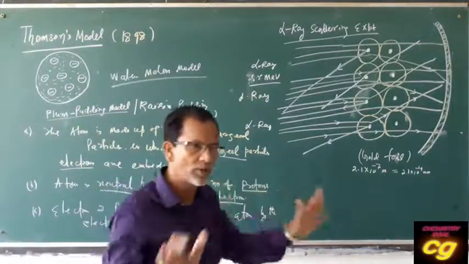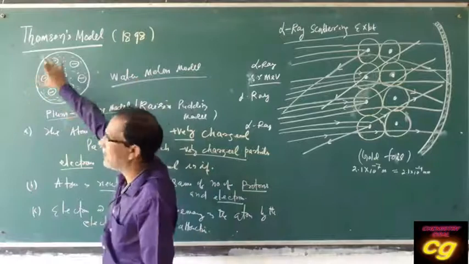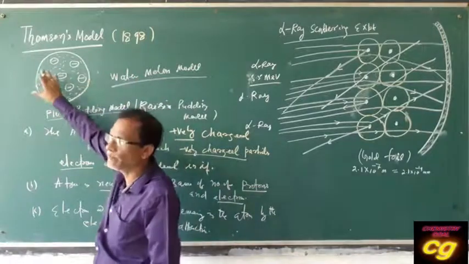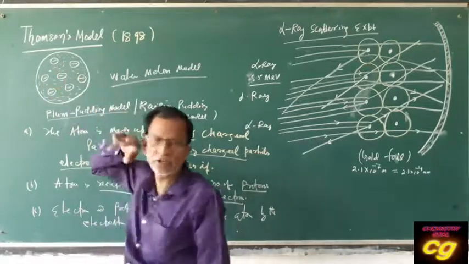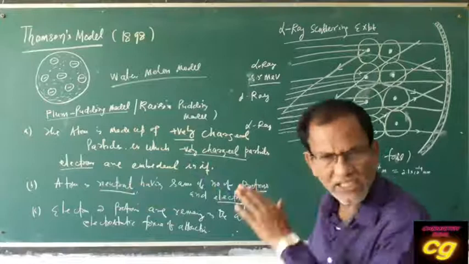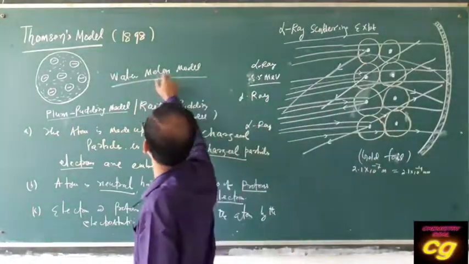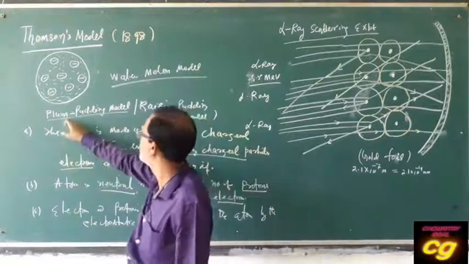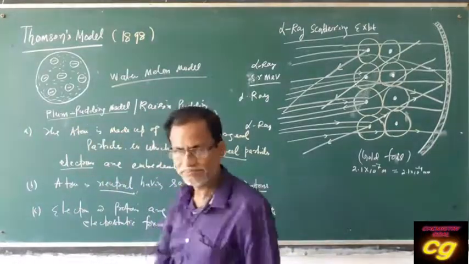The whole atom is made of a positive charge sphere and the negative charge electrons are embedded inside the atom. So there is no fixed position, like a watermelon. This is called the watermelon model, plum pudding model or raisin pudding model.